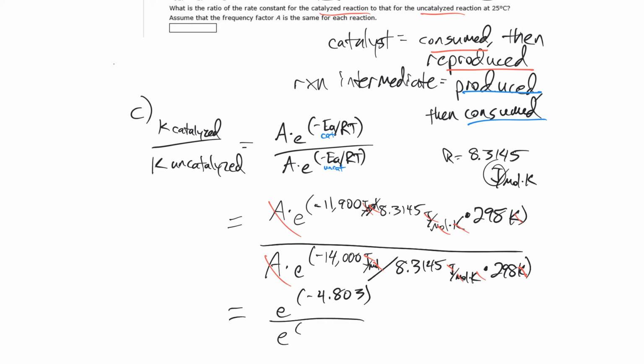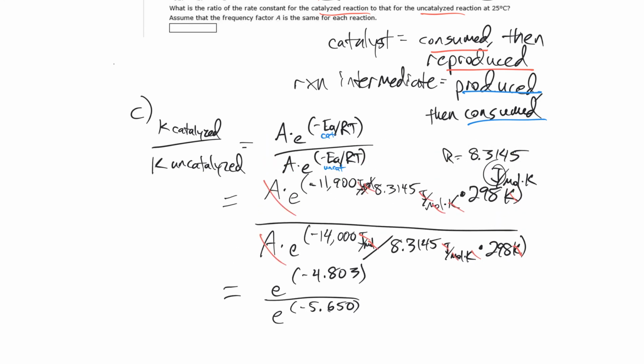And for the denominator, if I take negative 14,000 all over the quantity 8.3145 times 298, we get negative 5.650 for the exponent.